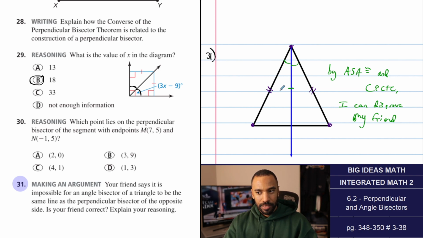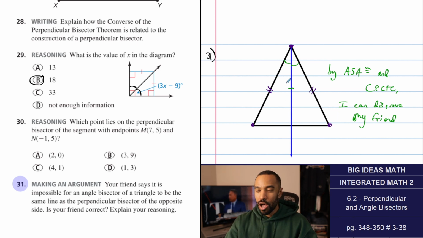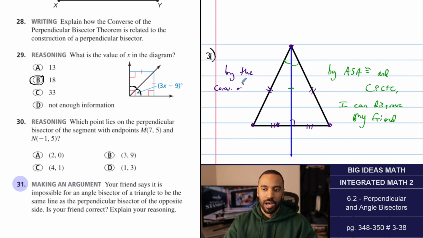If this is an isosceles triangle with that way, then the converse of the perpendicular bisector theorem states that the point that is equidistant to the two endpoints of this segment is also on the perpendicular bisector of that segment. So you can also do this by the converse of the perpendicular bisector theorem.